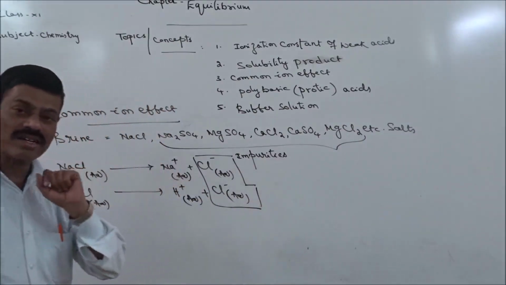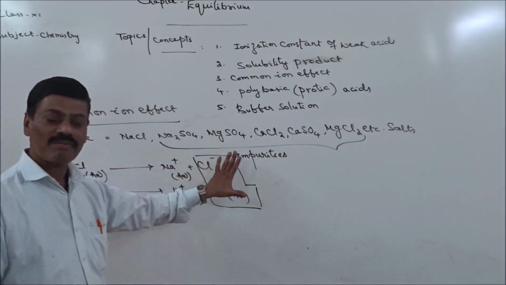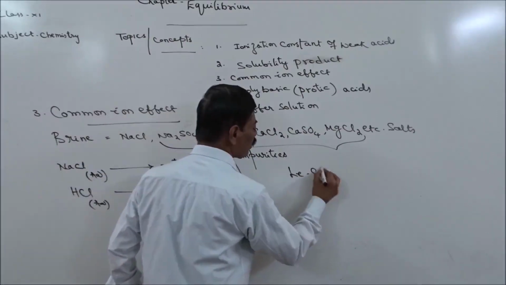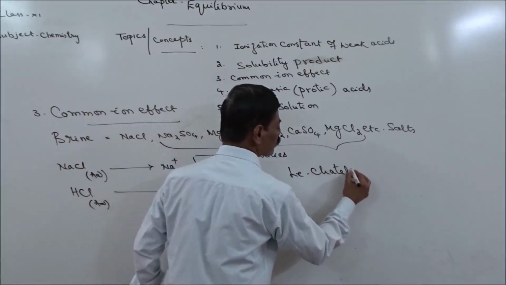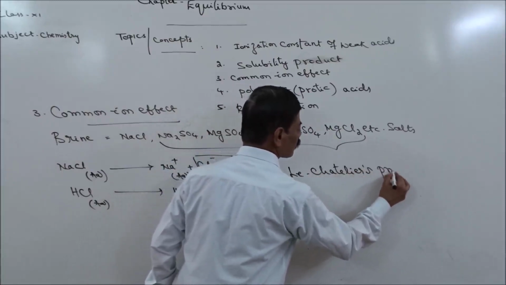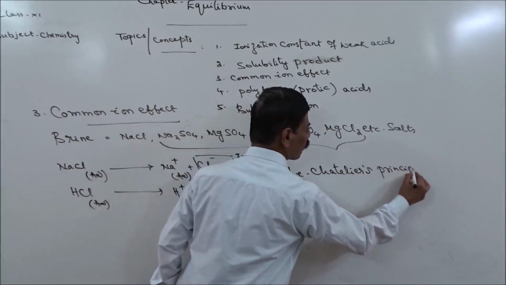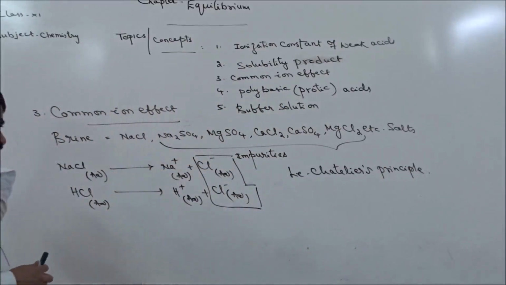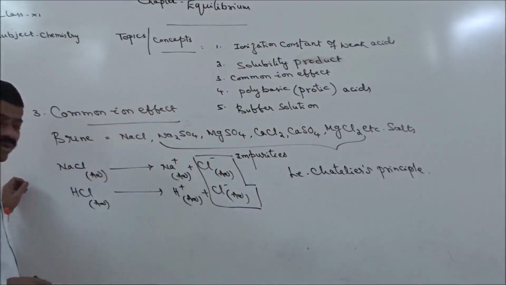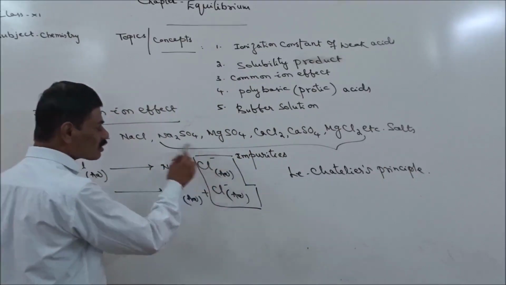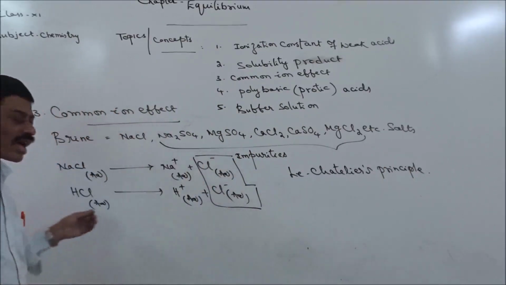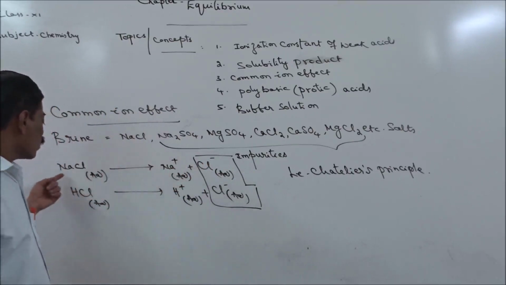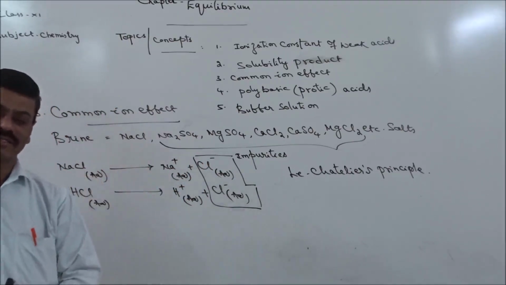So according to Le-Chatelier's principle, same principle we can apply here, right? So when this Le-Chatelier principle is applied, concentration towards RHS has become more. So the reaction will take place in opposite direction to form pure sodium chloride.